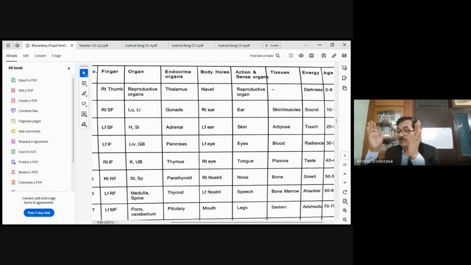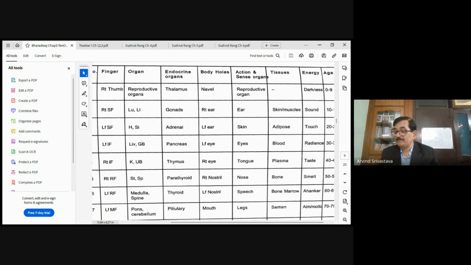Now, we have said ras, rakt, mans, med, asthi, majja, shukr. These are the seven ones. So, what is ras? Ras means some liquid element is there. So, what organ is responsible for ras, for liquid?